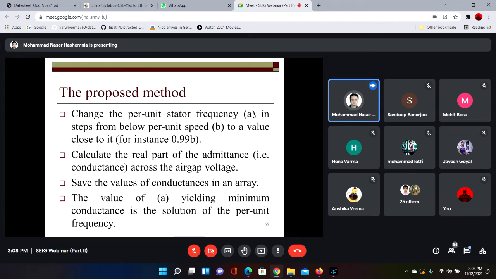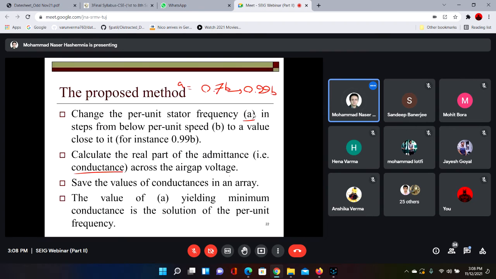For example, from 0.7 B to 0.99 B, which is really close to B. For any value of A, you calculate the real part of the admittance, that is conductance across the air gap. Then there should be a value of A which makes the conductance equal to 0.